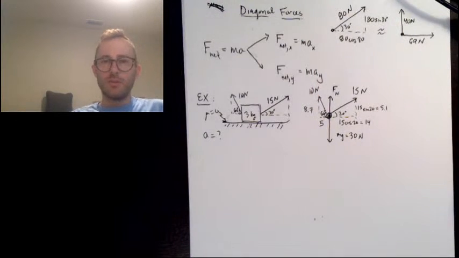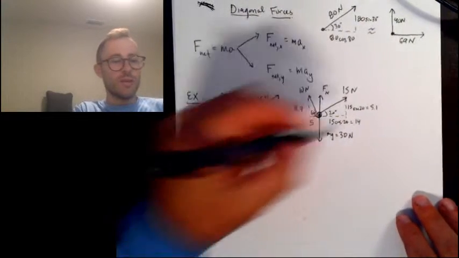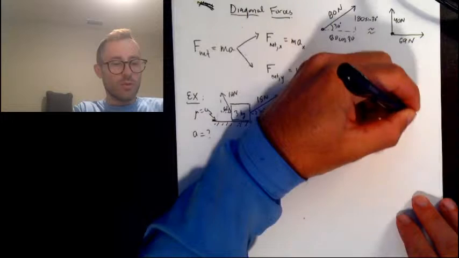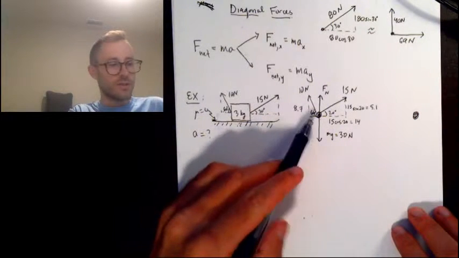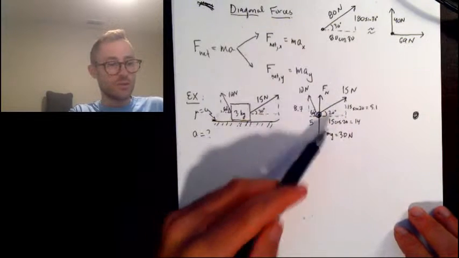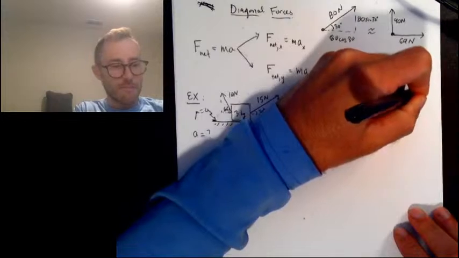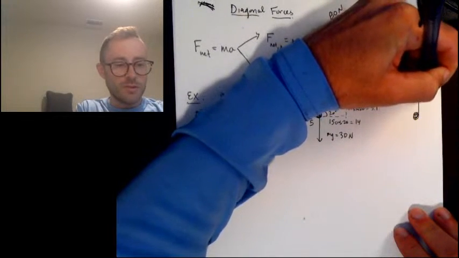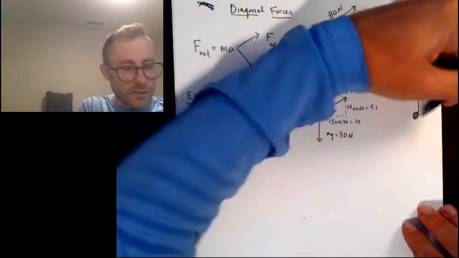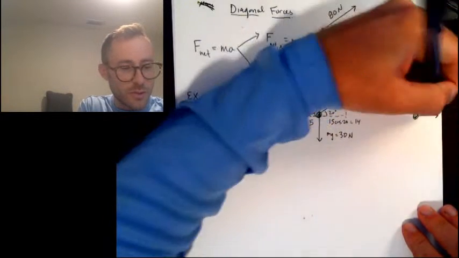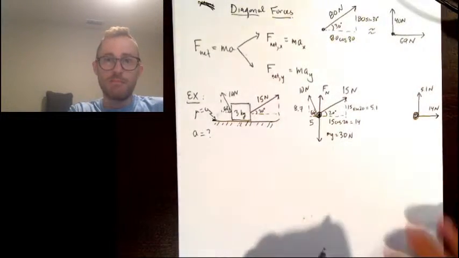So now what I'm going to do, because this diagram is getting kind of messy, I'm going to redraw it with these diagonal forces now written as a vertical and a horizontal. So for this diagonal force, I'm going to write it as 5.1 newtons going up, and 14 newtons going to the right.